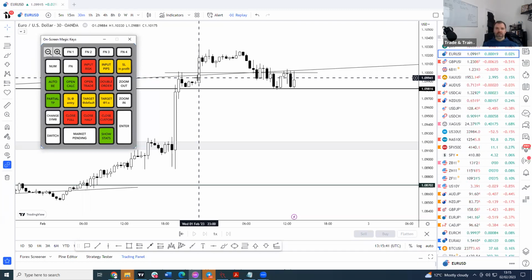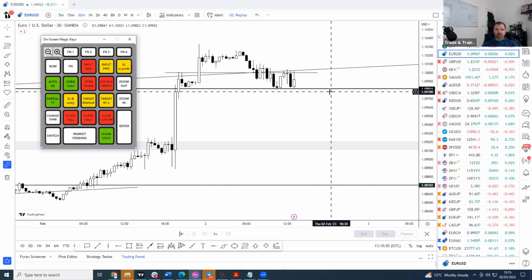Let's see if we get triggered. Entry price on that is 1.0978, and my stop is 1.1006. Target is 1.0952. So we'll see what happens.